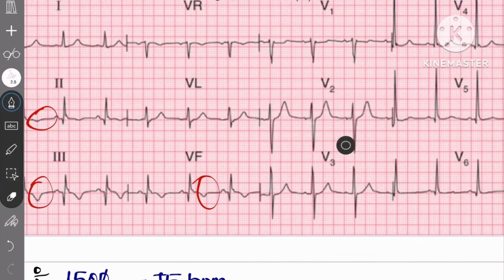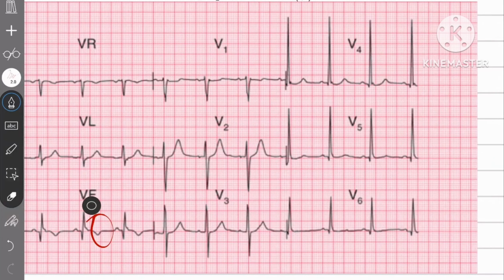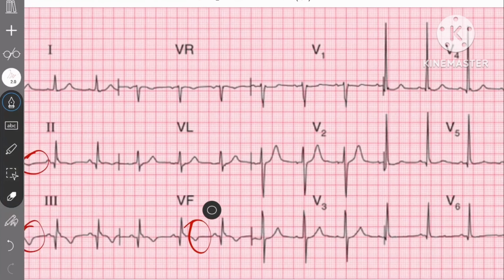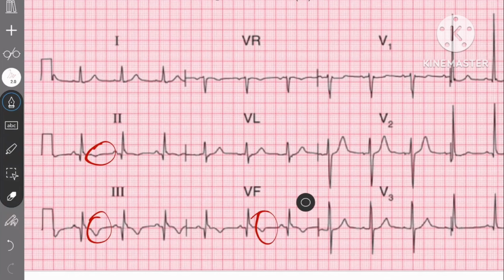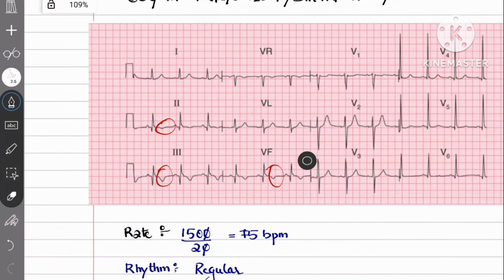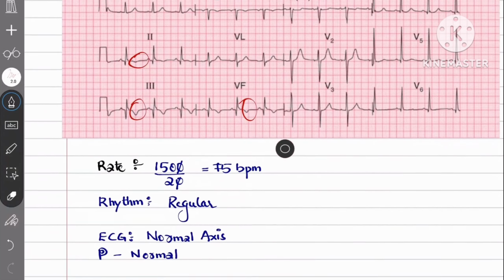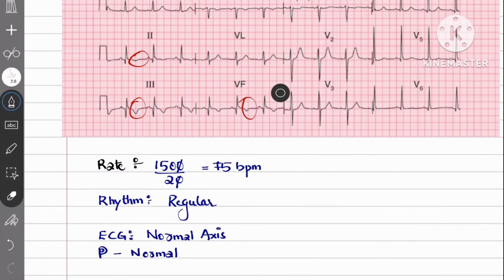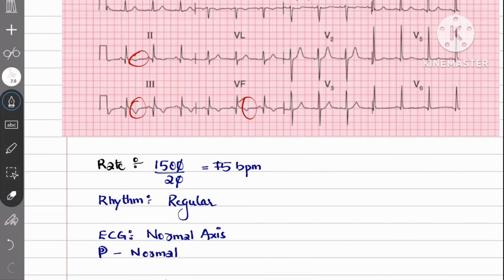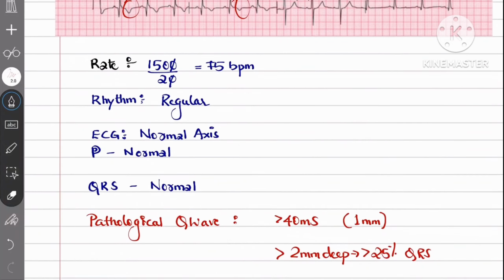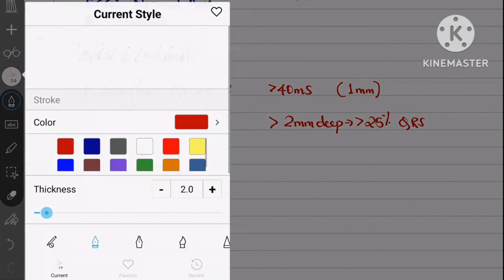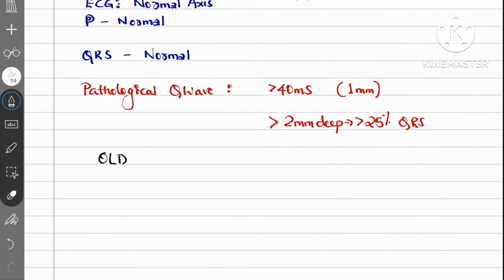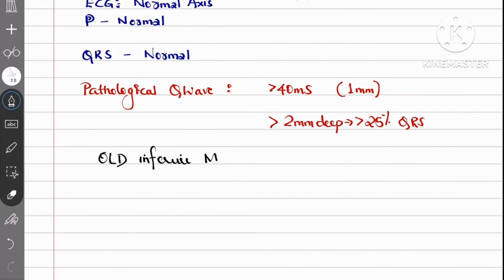These are mostly inferior leads, so it is probably an inferior infarction. Clinically interpreting, the Q waves in the inferior leads together with inverted T waves point to an old inferior myocardial infarction, because it is leads 2, 3 and aVF.